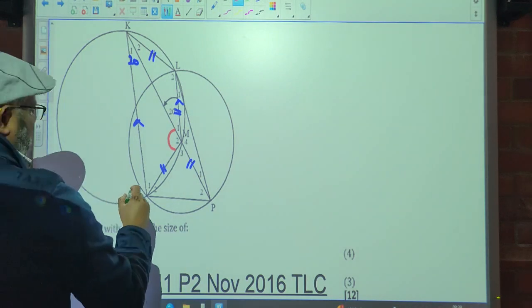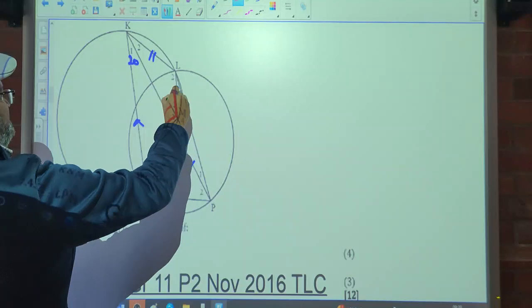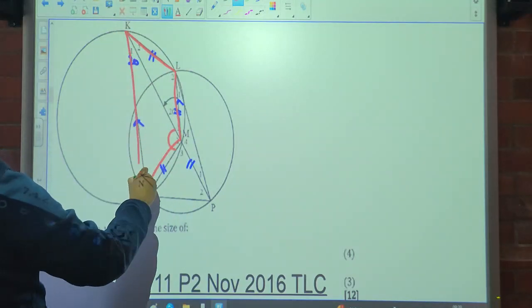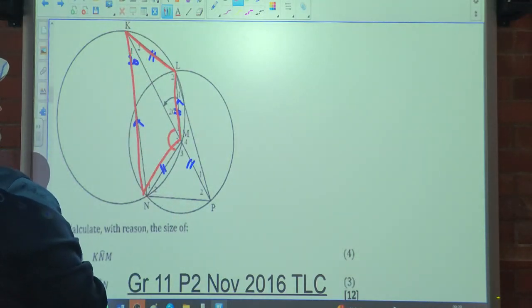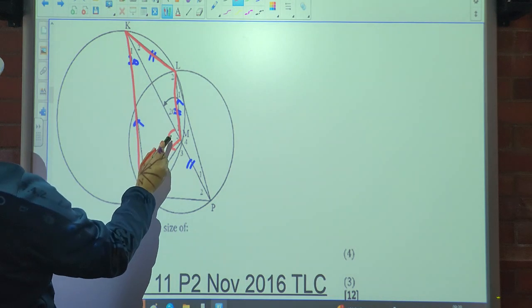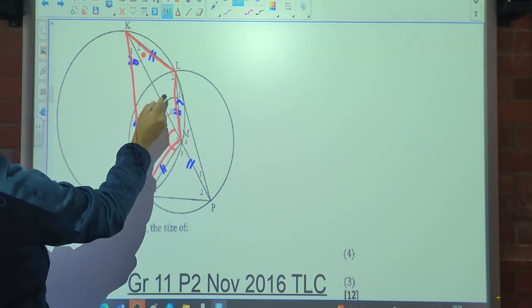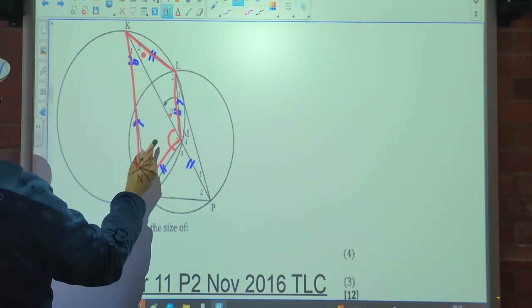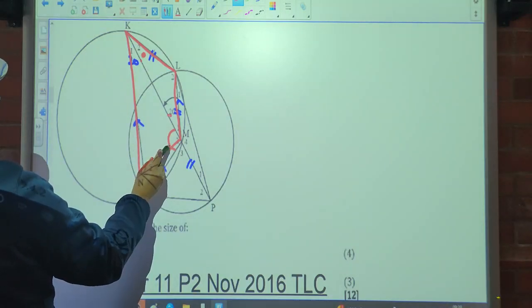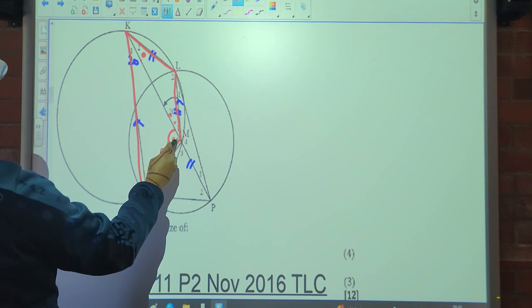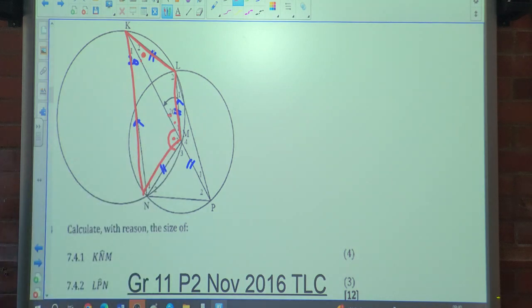So we said earlier on that this of course is a cyclic quad. So we know that K2 we can calculate, we know it's 20 degrees, angles opposite equal sides. We got that one, so that would be the unknown angle, which is M2.